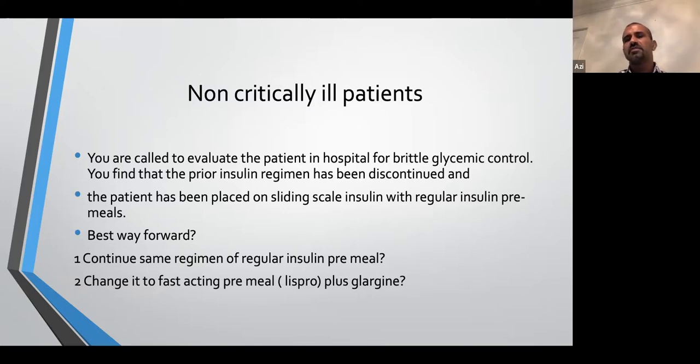Two options: keep the same regimen of regular insulin pre-meal based on the sliding scale, or change to fast-acting pre-meal Lispro plus long-acting insulin glargine. Option number 2 is correct, and that's advice from the ADA.